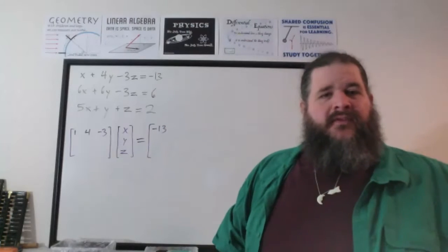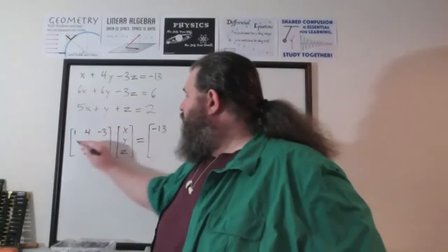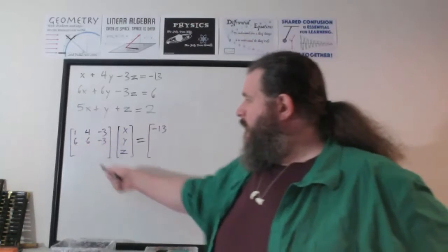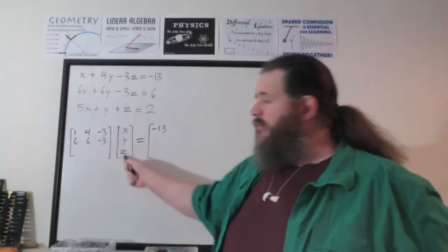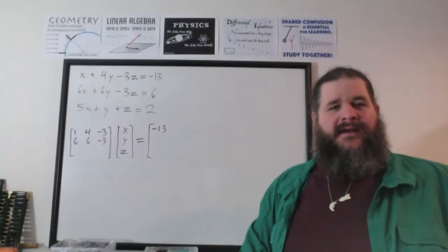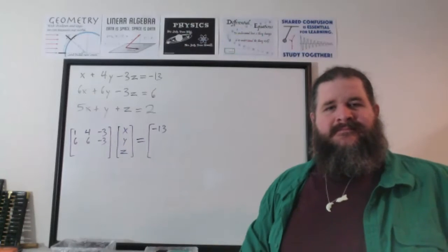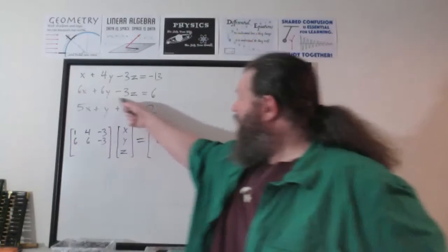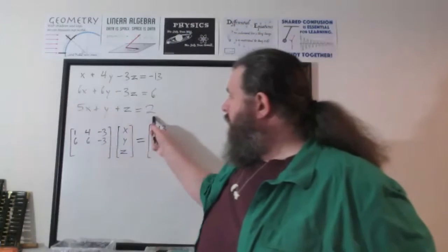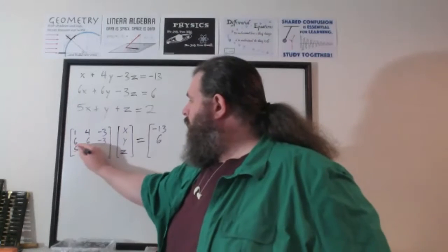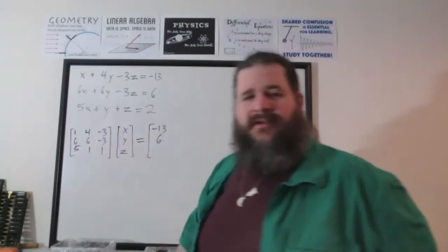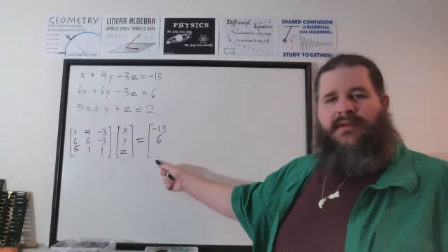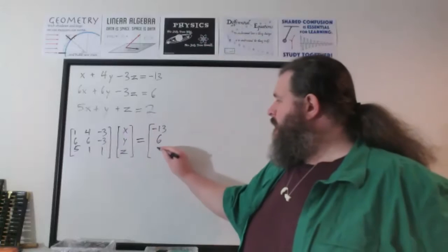And likewise, if we take the coefficients from the second equation, 6, 6, -3, combining this row and this column will be 6x plus 6y minus 3z, which we know has to equal 6 from this second equation. And likewise, the third equation, 5, 1, 1, by standard matrix multiplication, that's going to be 5x plus 1y plus 1z, which has to equal 2.